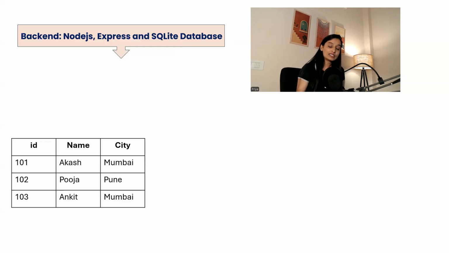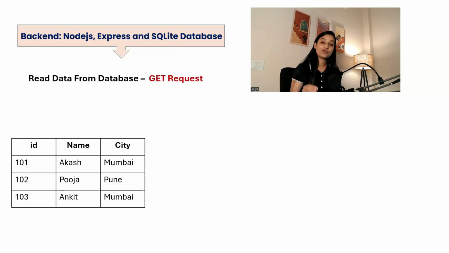Now let's say I want to read the data from this table, like how you send the request to read the data from Amazon's database or YouTube's database. In a similar way, I want to read the data from this small database. So the type of request which we have to send is the get type of request. Just remember these words: to read the data, get request.